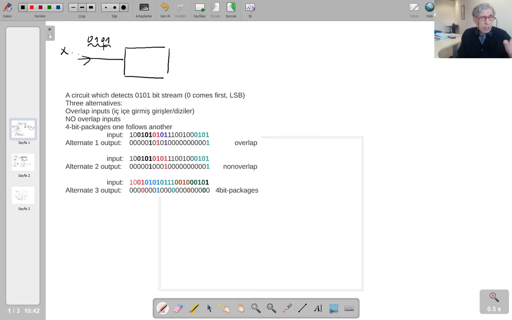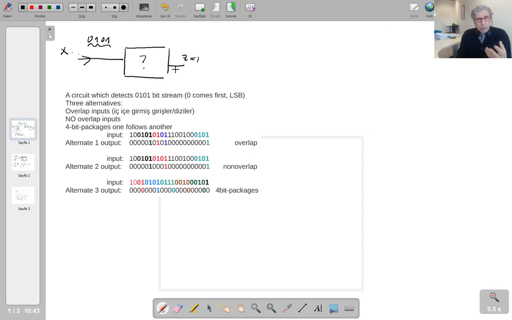If there is a bit piece which includes that 0, 1, 0, 1, I would like to get z equal to 1, right? So I define the relation between input and output. So in synthesis, I'm going to find out what is inside that box. That means which elements are going to be connected together in order to do this detection at the output.